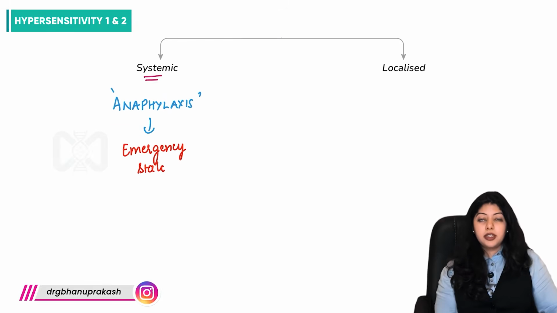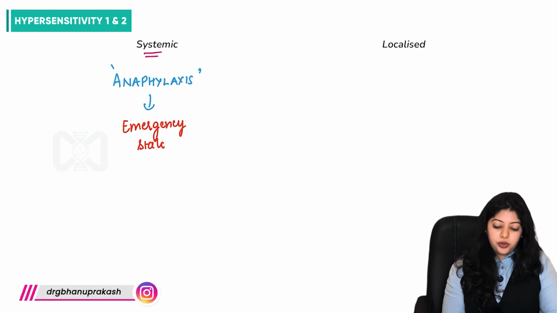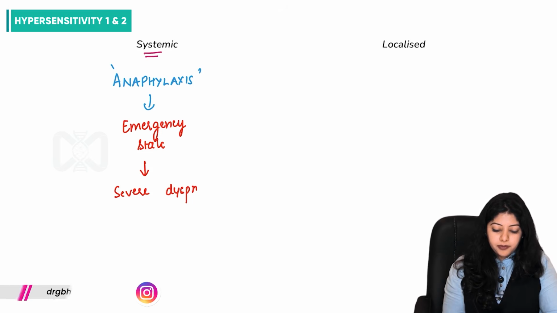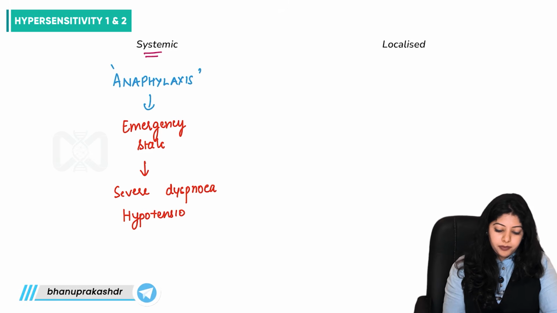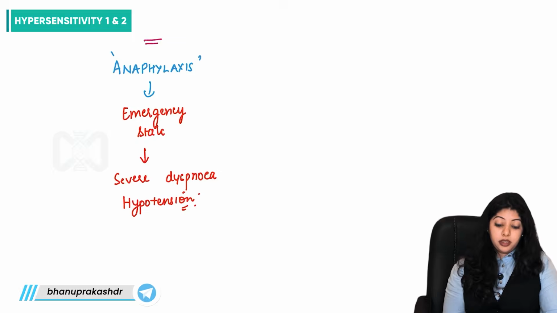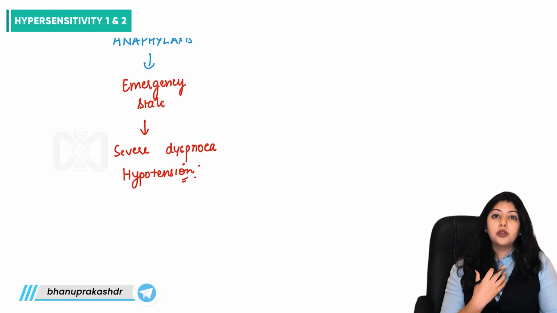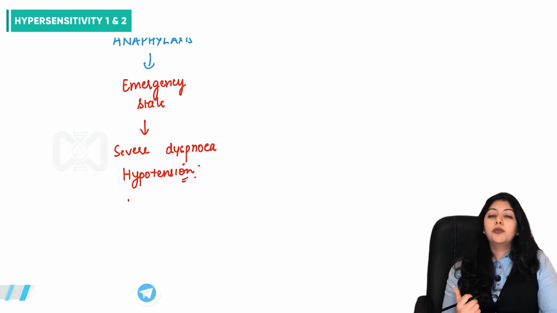It is an emergency state, so the patient is going to have severe dyspnea. There's going to be hypotension and severe consequences because of involvement of the bronchial smooth muscles or the tracheal area.